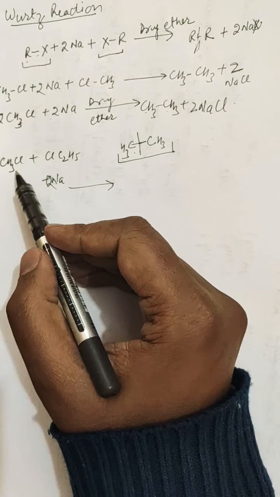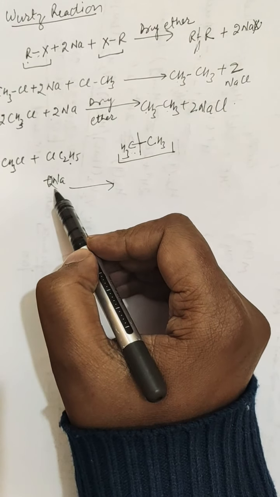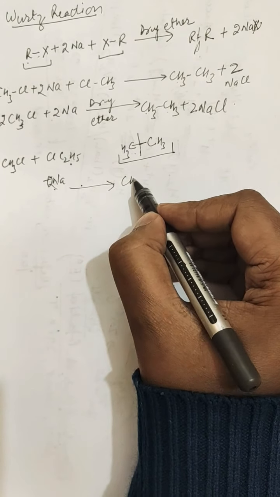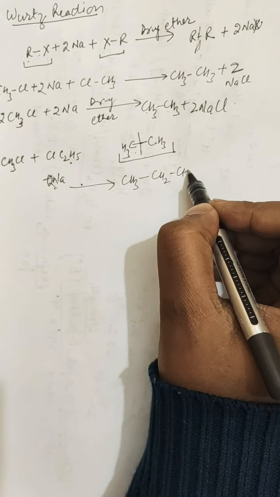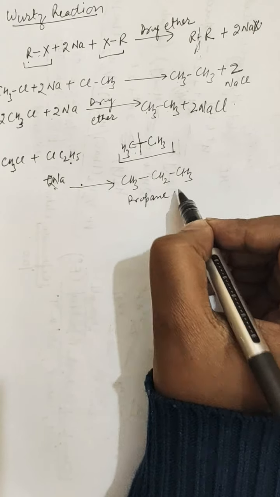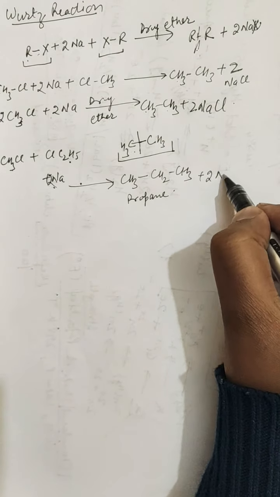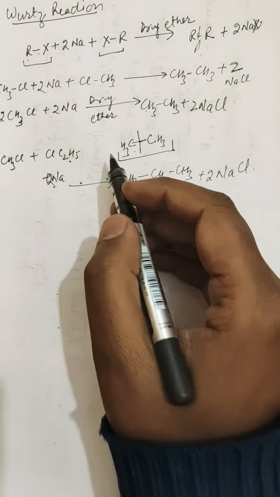For example, when this methyl chloride reacts with ethyl chloride in the presence of two atoms of sodium in dry ether, it results in the formation of this compound, which is propane, plus this salt. But there are a few side reactions during this reaction.